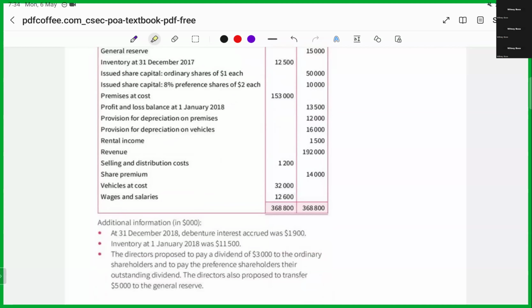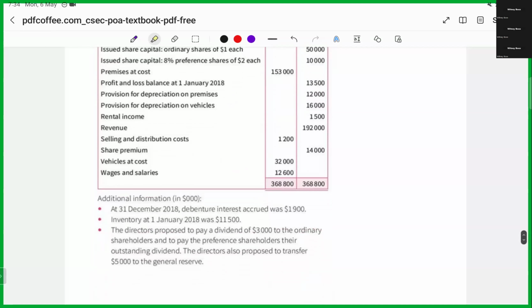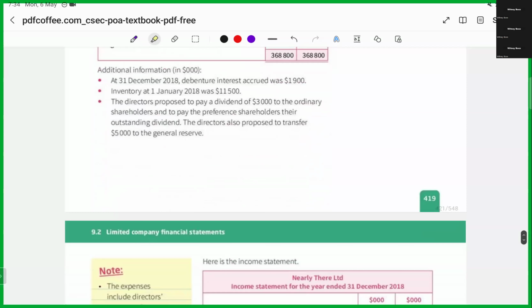Inventory at year end was 11,500. The directors proposed to pay a dividend of 3,000 to ordinary shareholders and pay the preference shareholders their outstanding dividend. The directors also proposed to transfer 5,000 to general reserve. Please pay very close attention to the following that we'll be looking at.